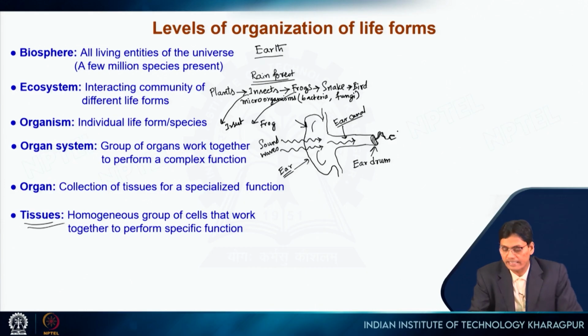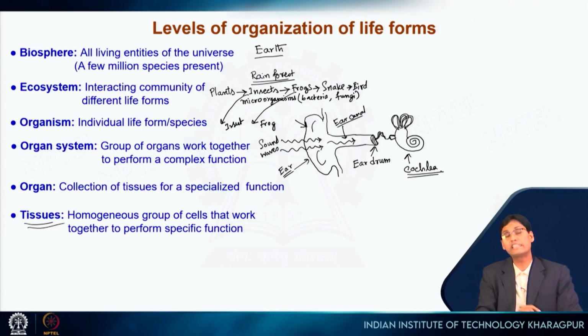So in the inner ear we have a different structure like this. This is called the cochlea. This is present in the inner ear. It also has some specific type of tissues.